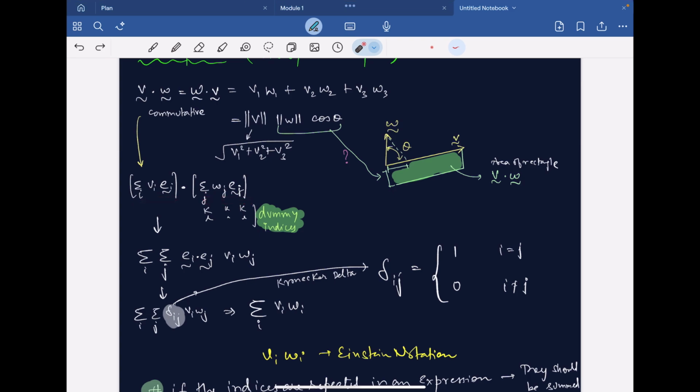You write the two summations in i and j, and then the dot product between the two unit vectors has to be respected here, and then you have the scalars multiplying, vi wj. Now this ei ej dot product, the two unit vectors' dot product, is called the Kronecker delta, which means that if i and j are equal, it's going to be 1, and if they're not equal, it's going to be 0.